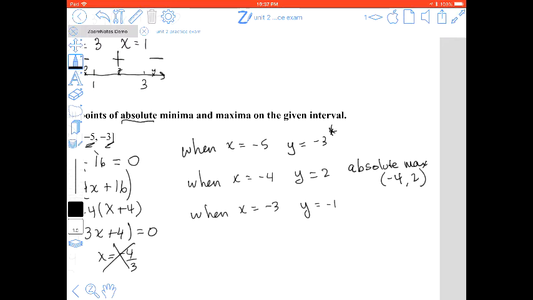Now this point here, -3, that's the smallest value. That's going to be the absolute minimum. That's the point -5, -3.